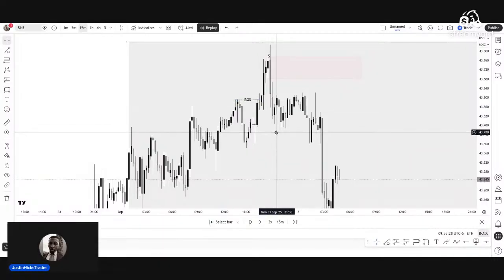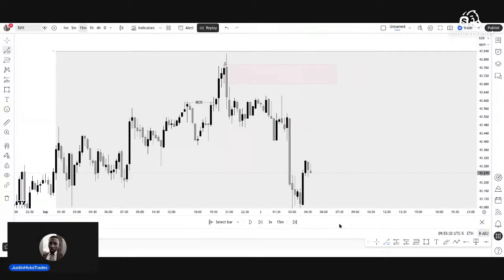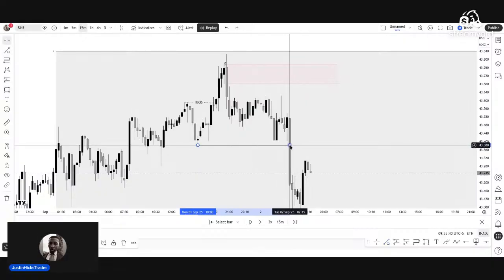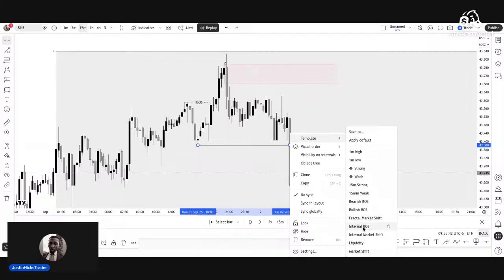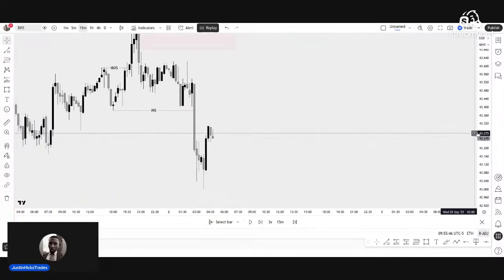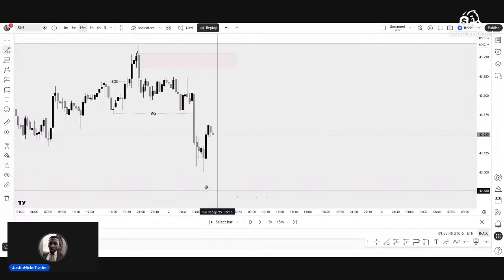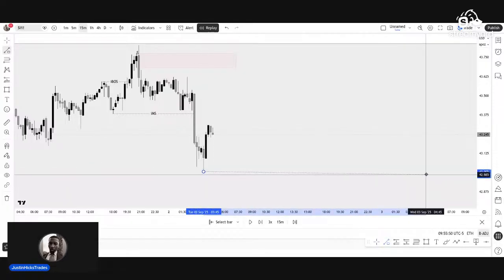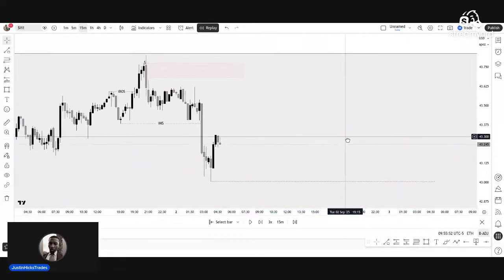But yeah, so now I know that price is bearish. Why? Not just because there's imbalance, but also because price broke this structural low, this swing low on my internal structure, causing that internal market shift. So the fact that there is an internal market shift makes my new swing low on my internal structure.